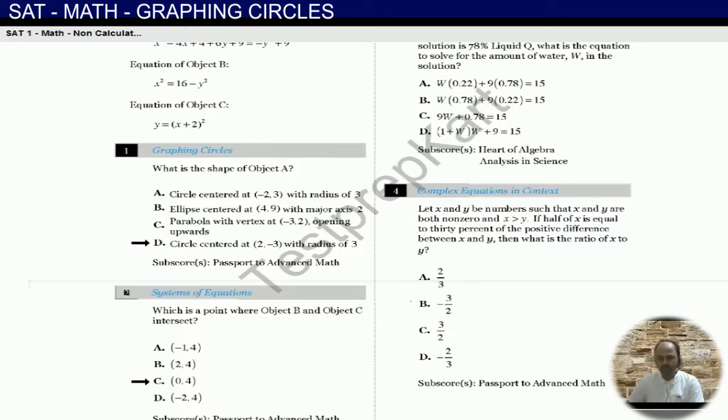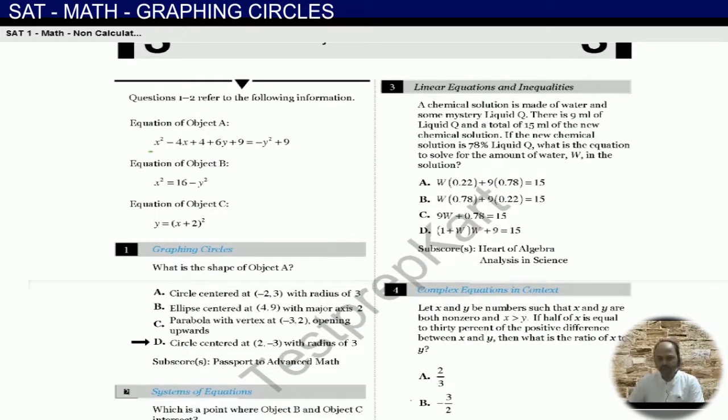First of all, this is the equation of object A. If we try to simplify this equation, x squared minus 4x plus 4, after that y squared: if we transpose negative y squared to the left hand side, it becomes positive y squared plus 6y, and here we can cancel out 9 from each side. So that should be equal to 0.